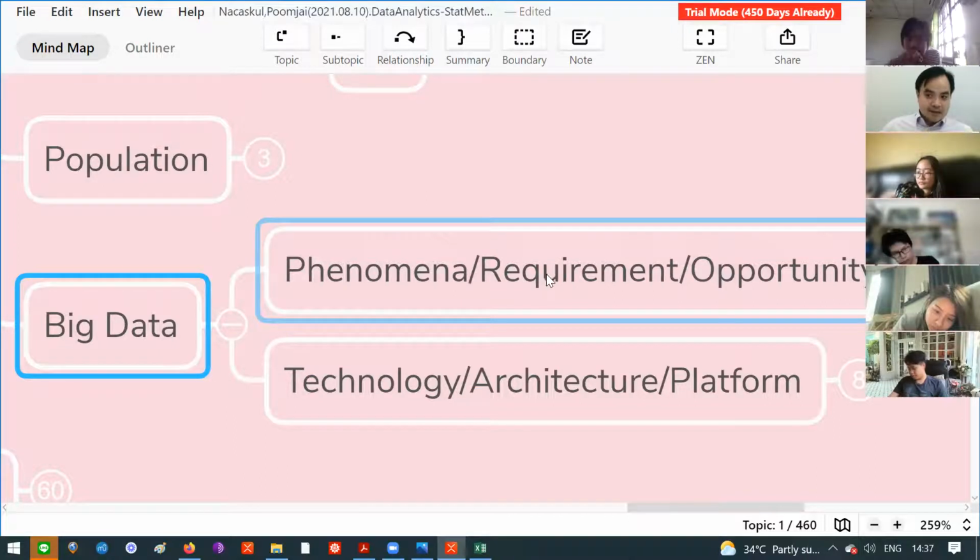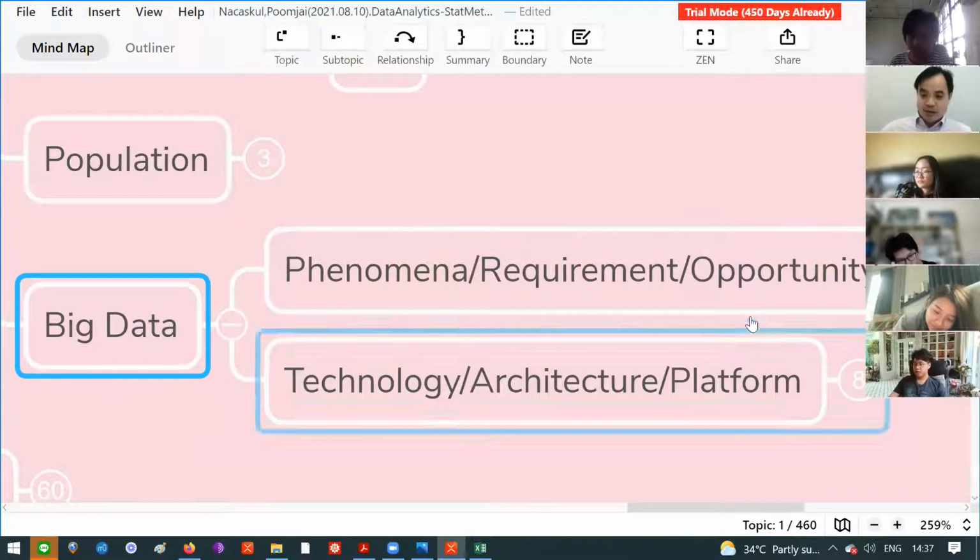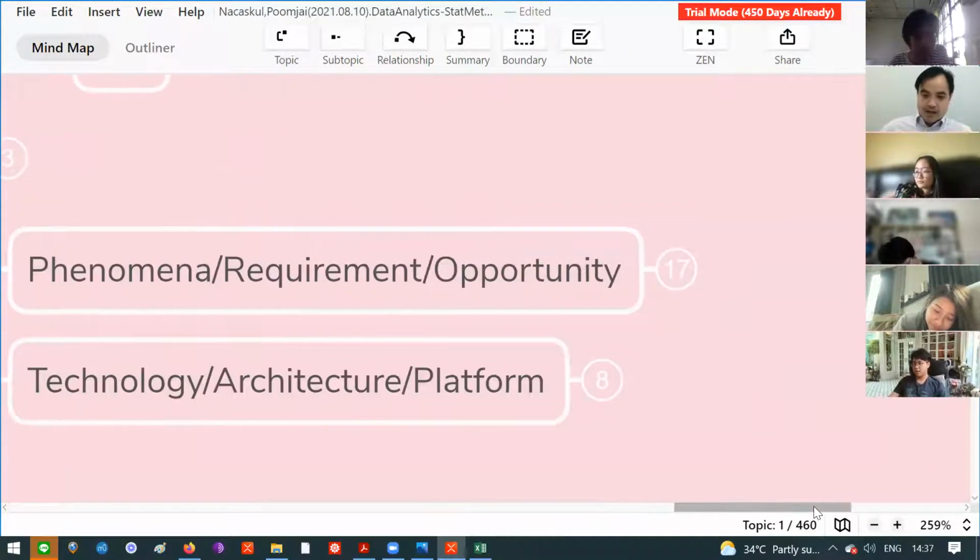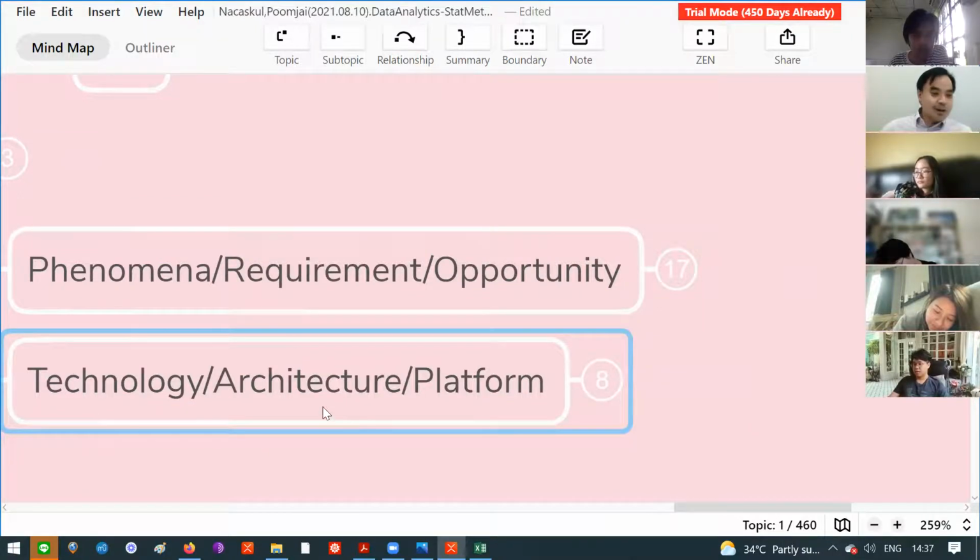There's a requirement that makes us deal with big data. Well, now that we have big data, what are we going to do with it? There's some kind of opportunity. Maybe we can do something with it. And then there's big data as technology or architectural platform.